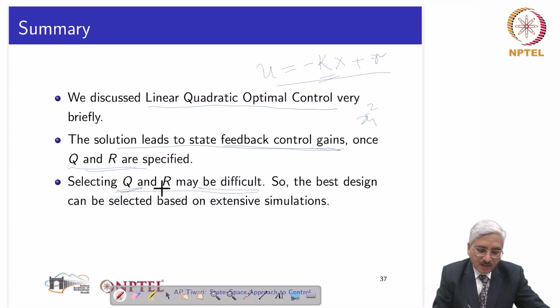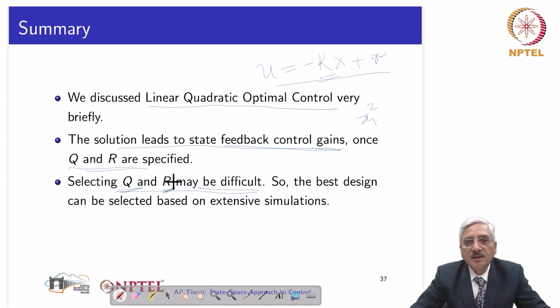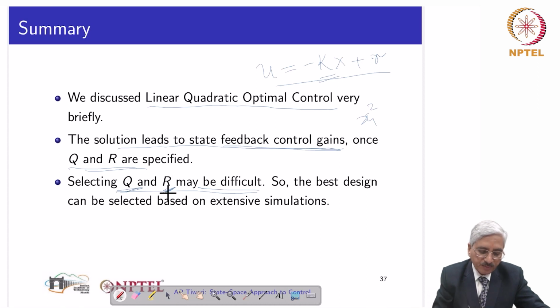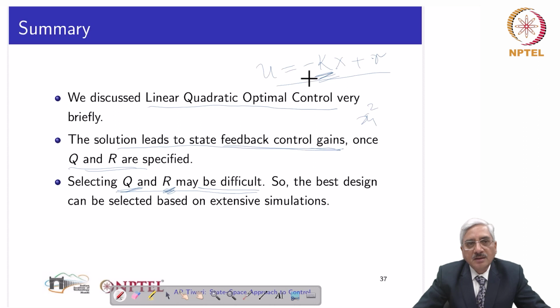So what can be done if the system is complex or if the physics of the system is poorly understood? Then selecting Q and R may be a challenge, not only difficult. One has to obtain K by selecting different Q and R, so many combinations, maybe at least a dozen or sometimes hundreds of combinations.